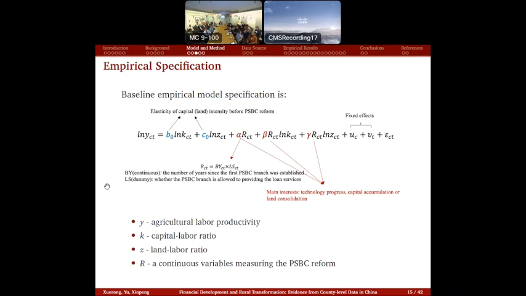We think that the longer the branch has been sited in this period, the more power or influence it has on the market's financial penetration. The 3 coefficients we are really interested in are alpha, beta, and gamma, which represent how the financial markets affect technology progress, capital accumulation, and land consolidation.